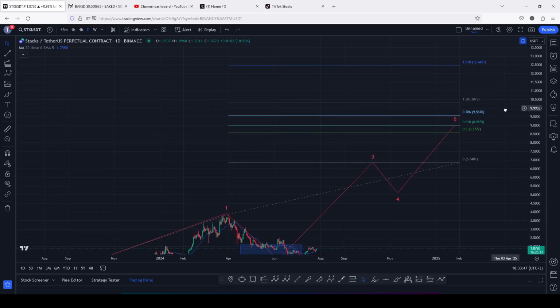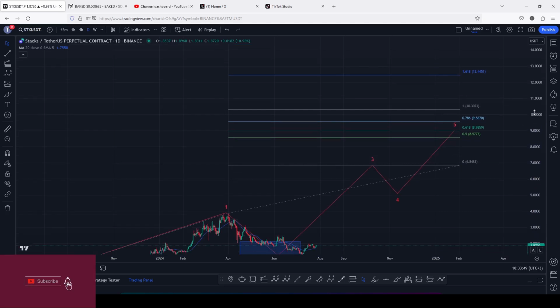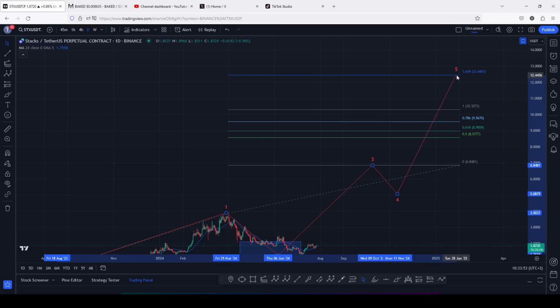And in case we manage to break above that and continue to see even more bullish momentum, there are high chances that we can easily get to the fib level 1.618, which perfectly lies above the 12.4451.